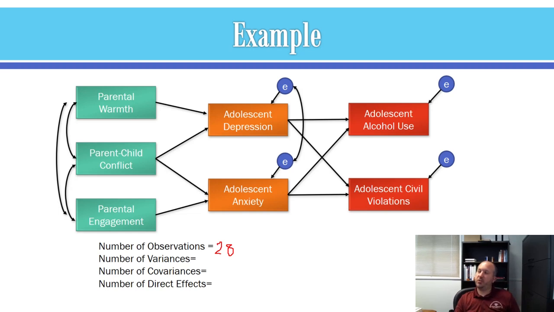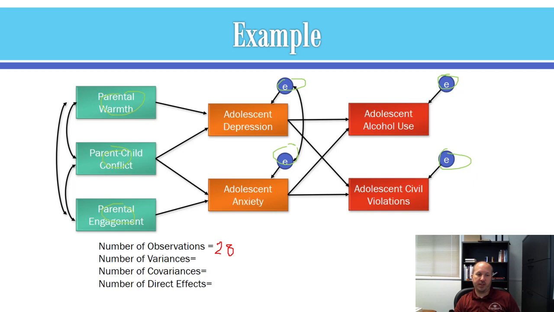The next thing we need to do is determine our total number of parameters. So first is the total number of variances. We are going to total up our exogenous variables and each of our disturbances. So here we have 1, 2, 3, 4, 5, 6, 7.